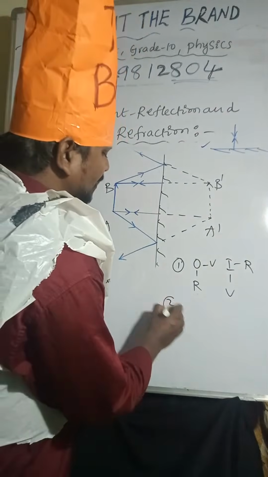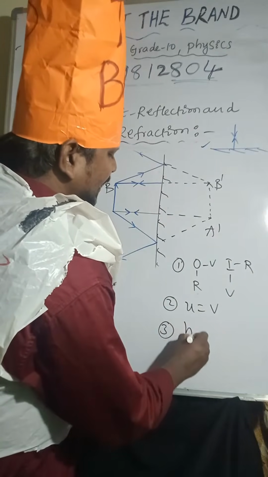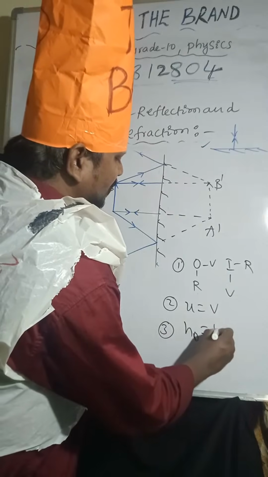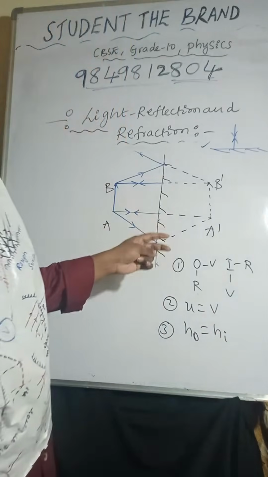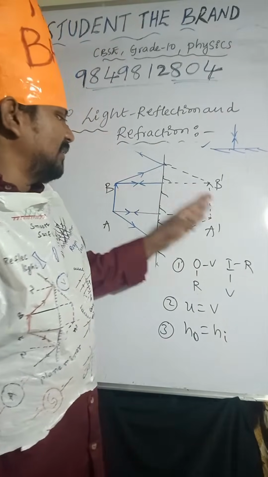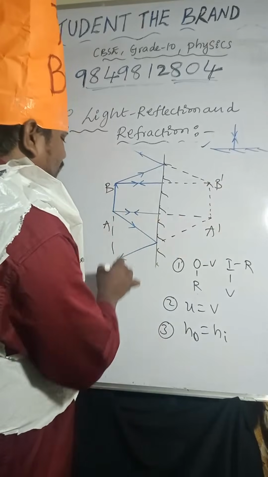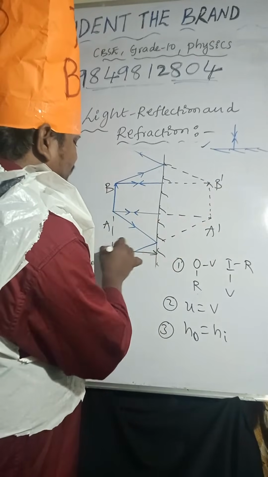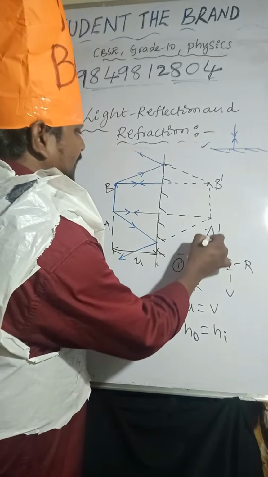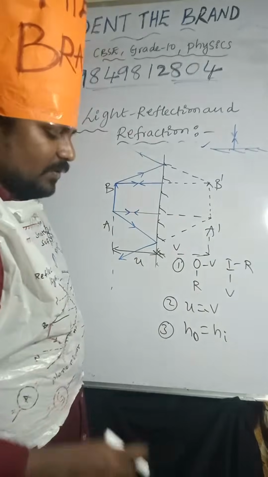Second one: object distance is equal to image distance, and the height of the object is equal to the height of the image. So be very clear here. This is the object distance, and this one is the image distance. Object distance is equal to image distance.